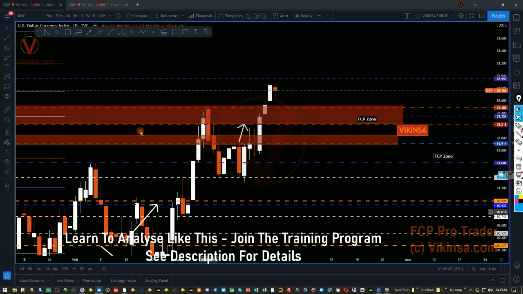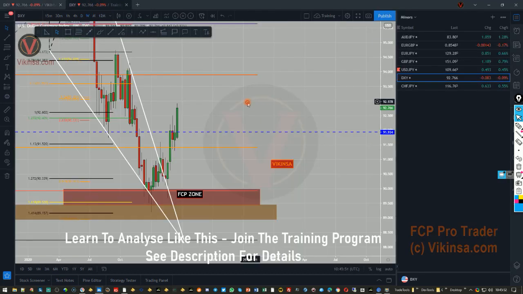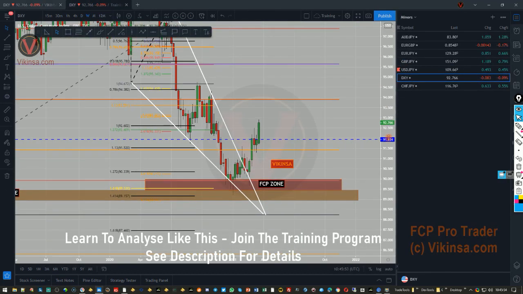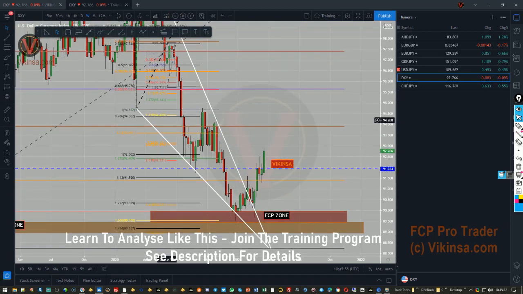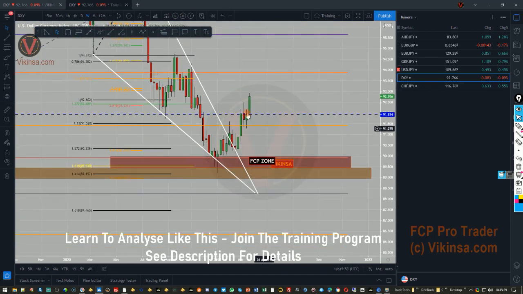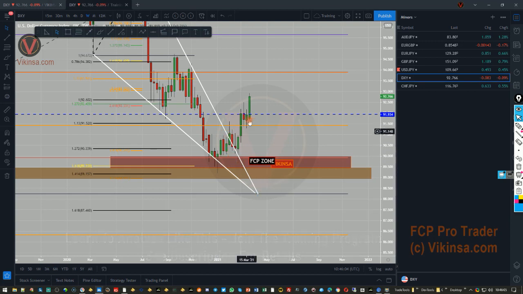We are going to reanalyze some of this. Now let me show you another perspective of this, which I've been showing you for some time. There's this triangle which has broken out, and I've already been talking about this. The market came down into this FCP zone and then started to go back up.